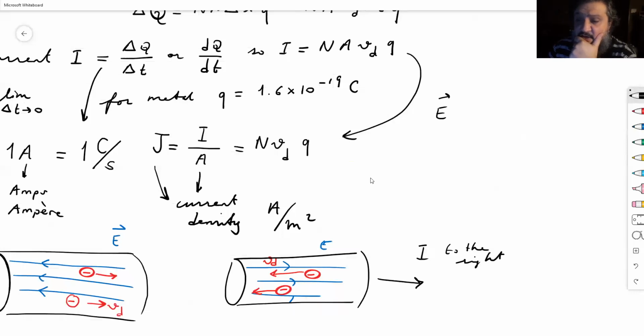So that's going to affect the current density. So these two actually are proportional to each other, okay? And that's pretty much true for all metals. There's a linear relationship between the electric field and the current density.